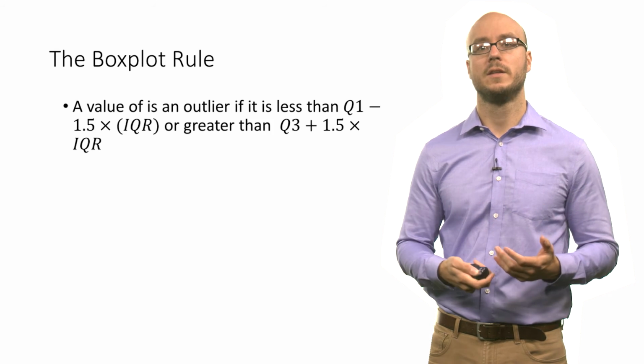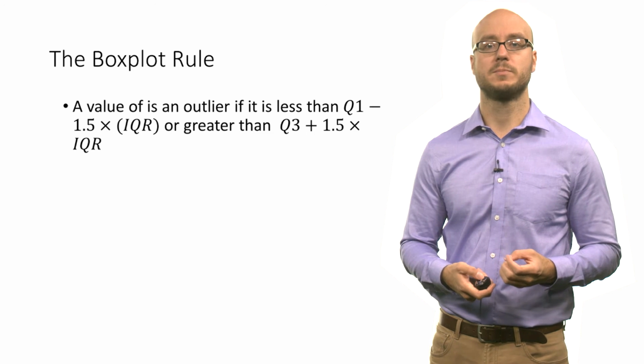One commonly used measure for finding an outlier is something known as the Boxplot Rule. Because there is no one hard and fast rule for identifying outliers, a lot of people have coalesced around this idea of the Boxplot Rule.